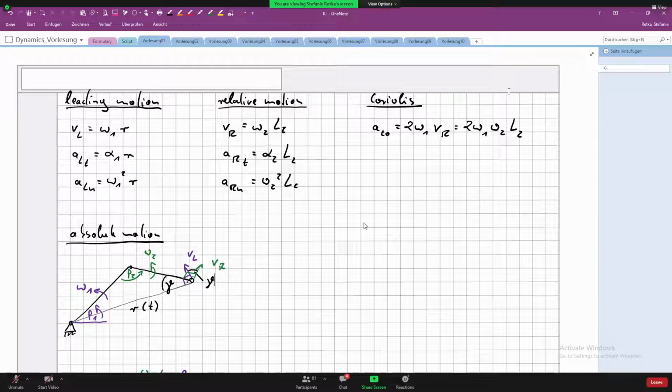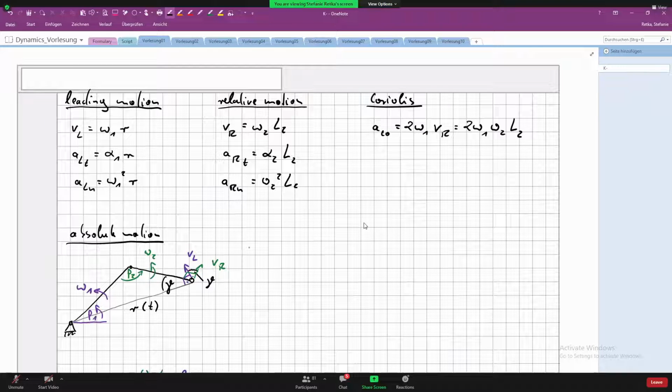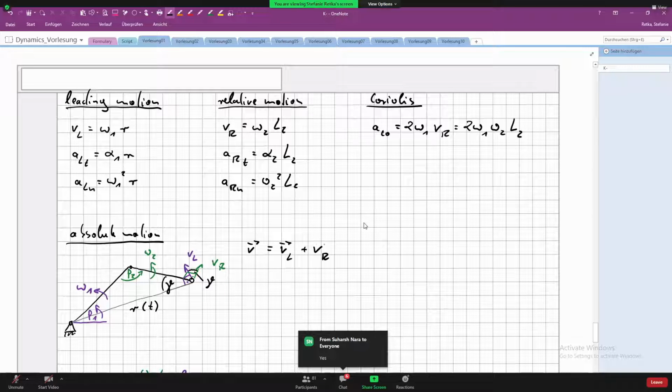Now for the velocities, let's derive the absolute velocity. In general, it's the standard vector addition, leading plus relative velocity.